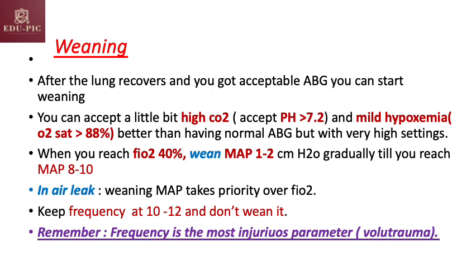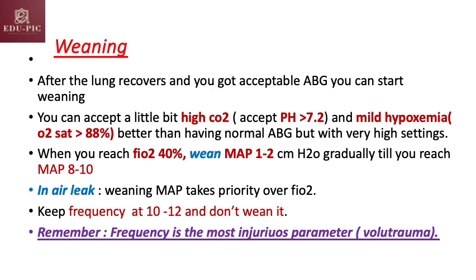While you are weaning the MAP after the recruitment, you will wean it gradually. In the beginning the saturation will be maintained, and at a specific number of the MAP, the saturation will drop significantly, and at this number you can say this is the closing pressure of the lung. Then you have to repeat the recruitment again.